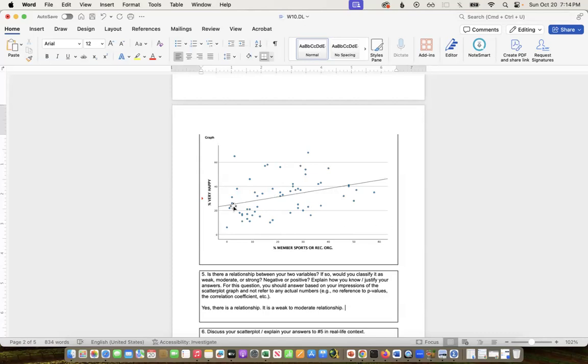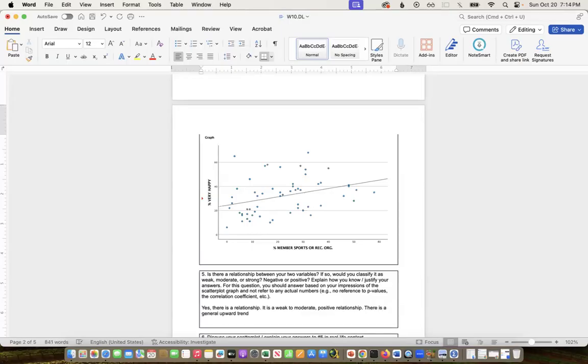Is it negative or positive? Again, as X increases, we can see it's going up, right? There's this general trend here upwards. And so it's a weak to moderate positive relationship. How do I know? Okay. So for the strength, there is a general upward trend.